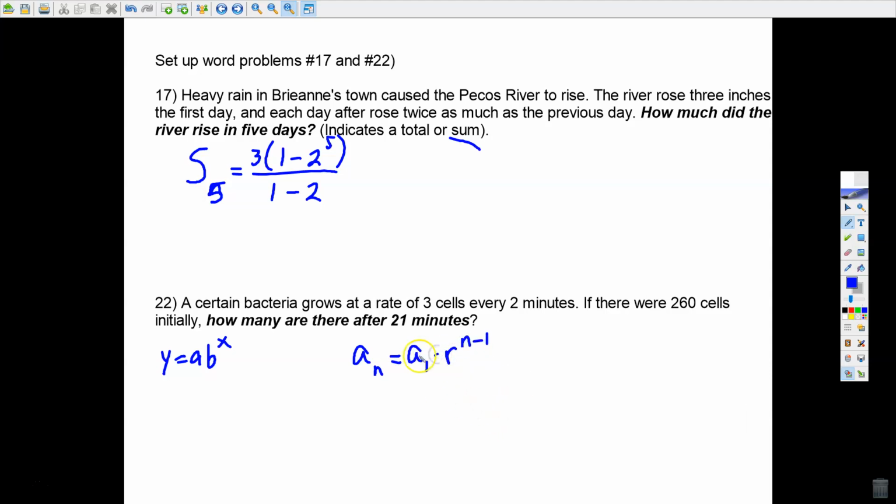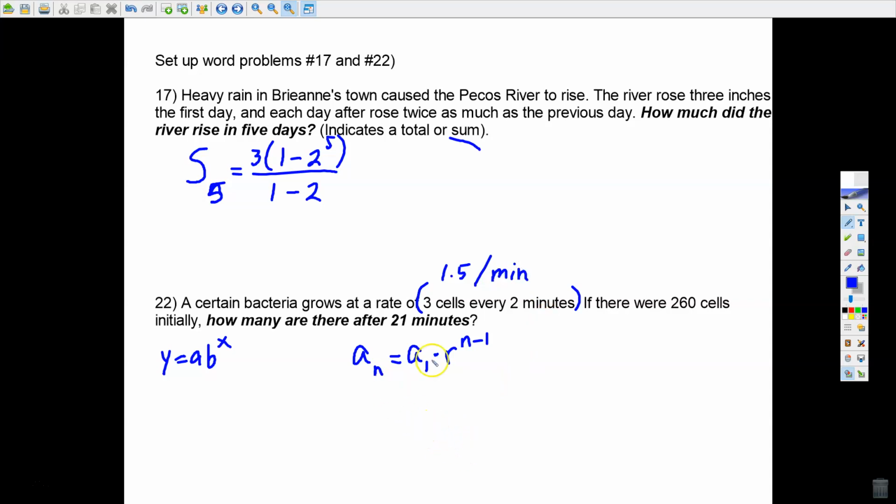All right, so since this is the formula that we've just been exposed to, we'll just go ahead and use it. According to this, the bacteria is growing at a rate of 3 cells for every 2 minutes. Since it wants to know how many there are after 21 minutes, let's think about this in terms of 1 minute. 3 cells every 2 minutes means that's 1.5 cells every minute.